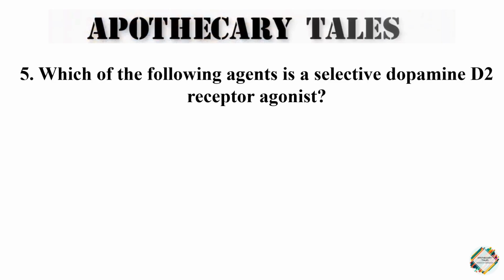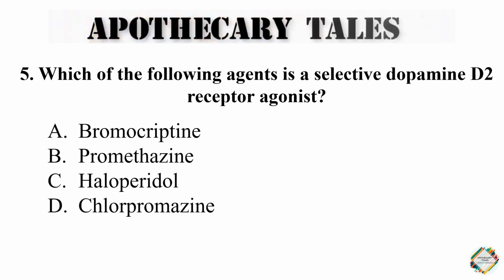The last question of this part is, which one of the following agents is a selective dopamine D2 receptor agonist? The options are bromocriptine, promethazine, haloperidol, chlorpromazine. Promethazine, the option B, is an antipsychotic belonging to the class phenothiazine.